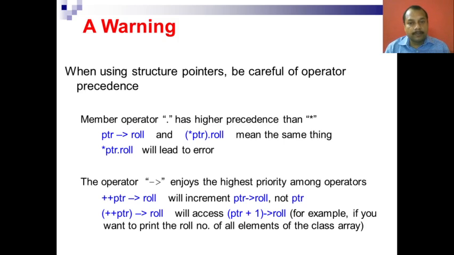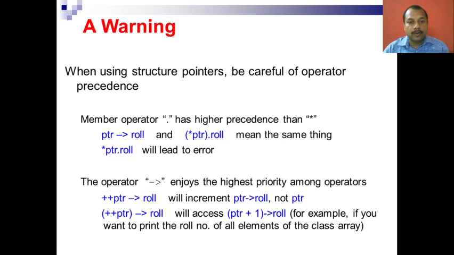So if my logic says that I have to go to that address location where the structure element is, then access that role, then I have to put it inside the parenthesis, or I have to use the arrow operator. But you should not write star ptr dot role. From that point of view, my personal suggestion is better to use the arrow operator, since there is only one operator, there is no confusion.